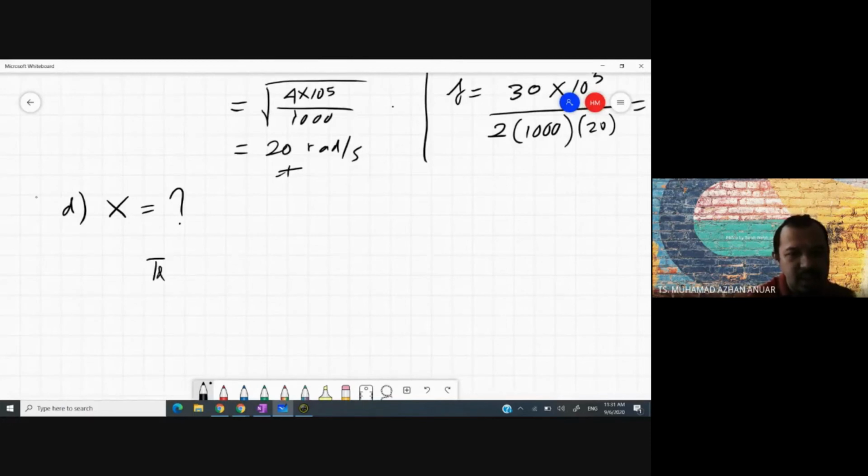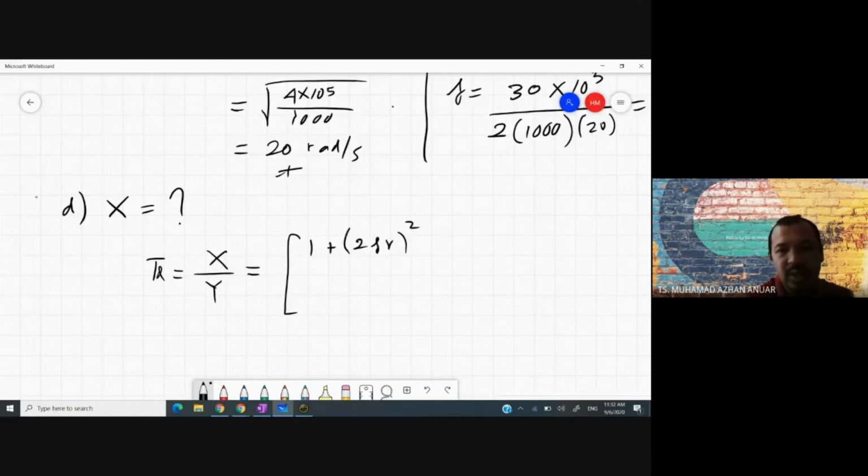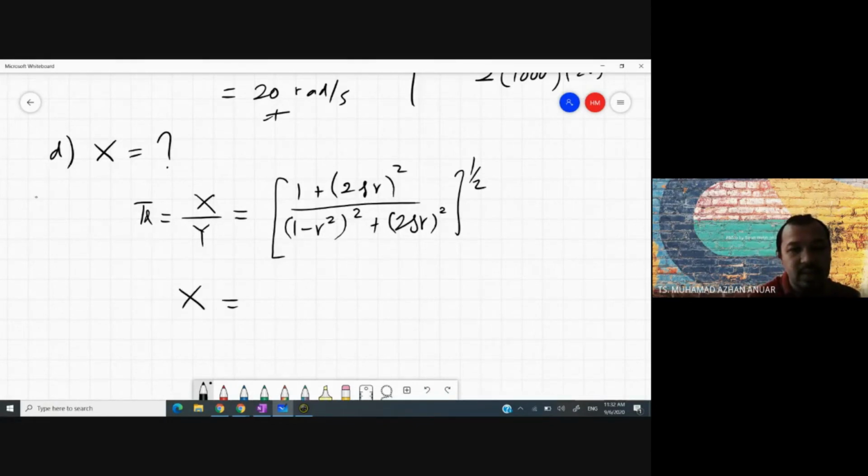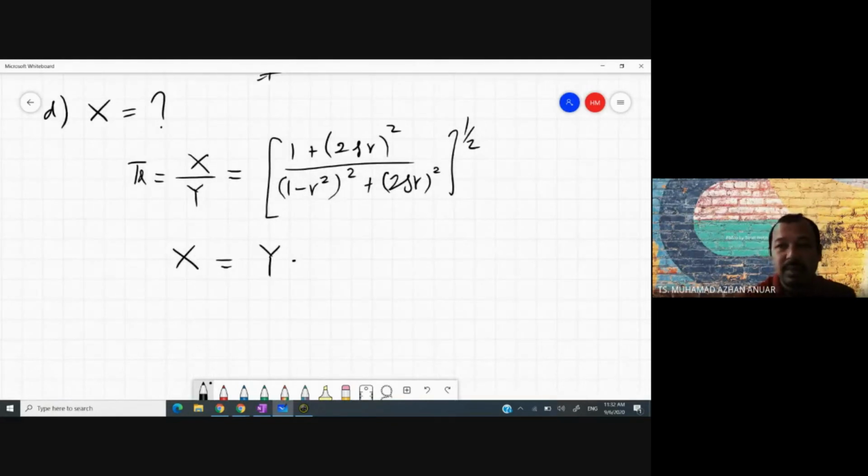We know that TD is equal to X divided by Y. The equation is: 1 plus (2 zeta r) squared, divided by (1 minus r squared) squared plus (2 zeta r) squared, all to the power of 1 over 2. In order to get the X value, you just need to bring the Y to the right-hand side and multiply by everything here.